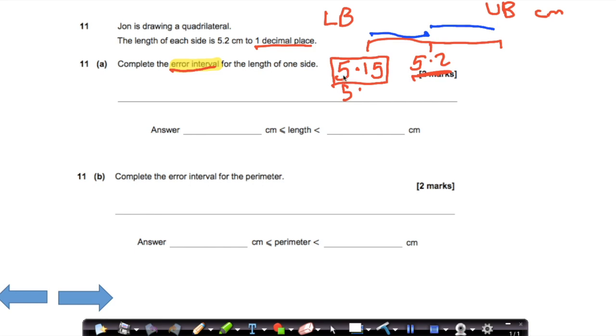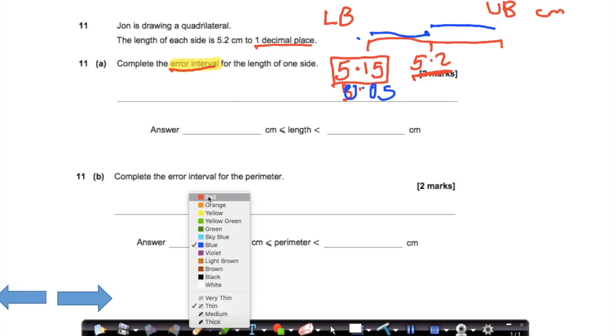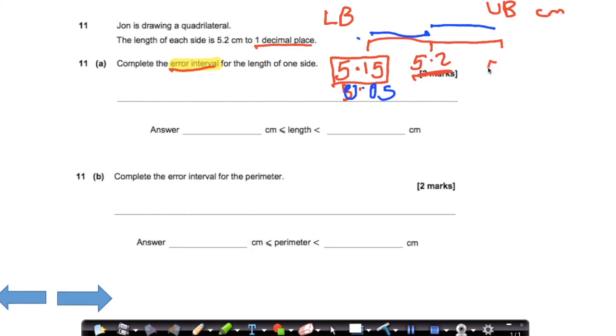So if I went from 5.15 to 5.2, I added 0.05, and notice with bounds we are always going to be talking about moving up in another decimal place or another significant figure with a 5 on the end. So we moved up 0.05, so we move again up 0.05, and our upper bound has to be 5.2 plus 0.05, so 5.25.